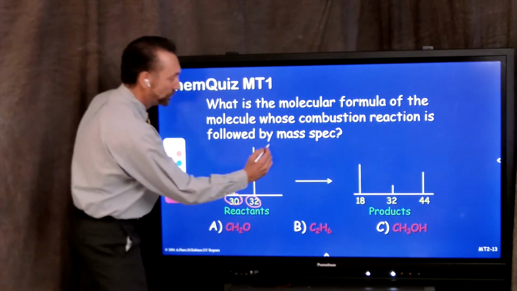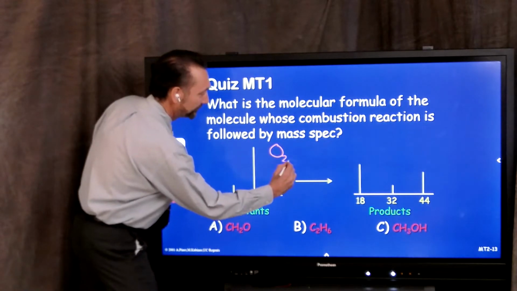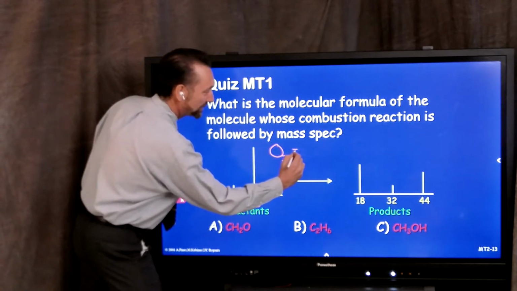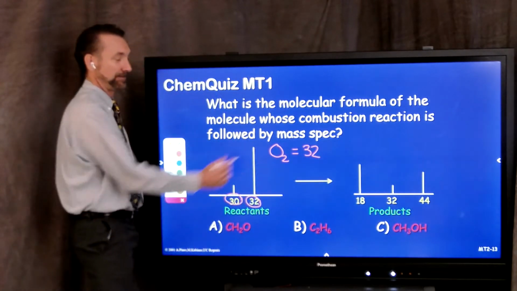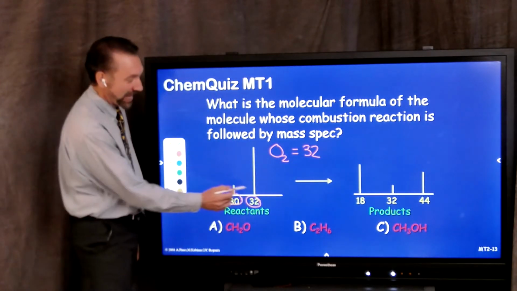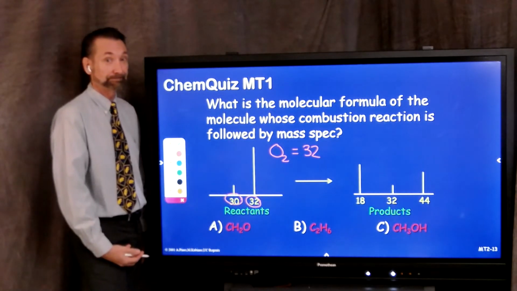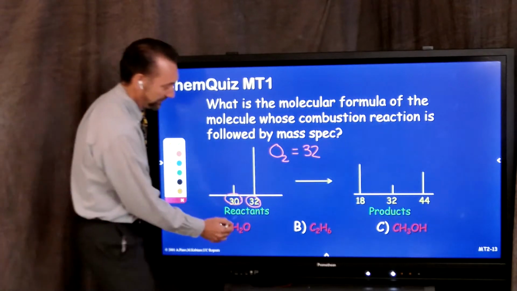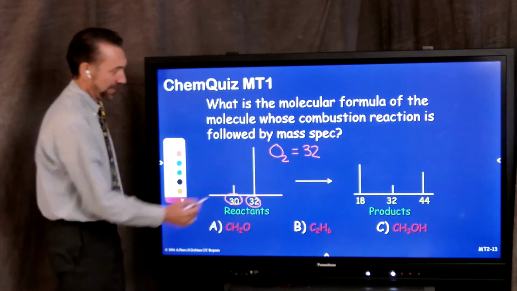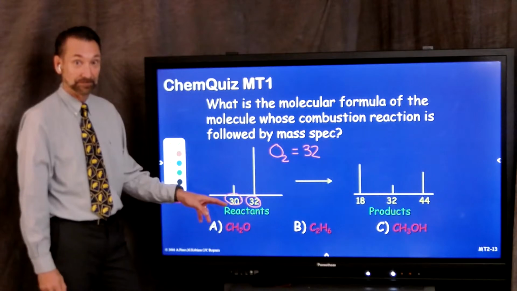Oxygen has O2, has relative mass 32. It's 2 oxygen atoms, 16. So that is probably oxygen. That means that the reactant has relative mass 30.